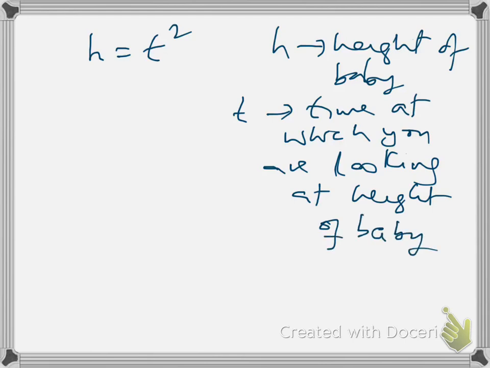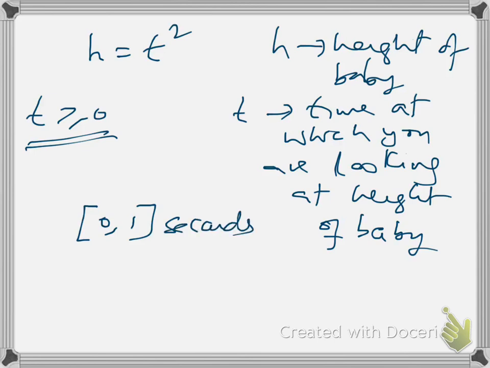Our time starts from 0, so t is greater than or equal to 0. Our first task was to find average rate of change, or average growth rate, of this baby. Let us say from 0 to 1 second. Suppose I want to find the average growth rate of the baby from 0 to 1 seconds.